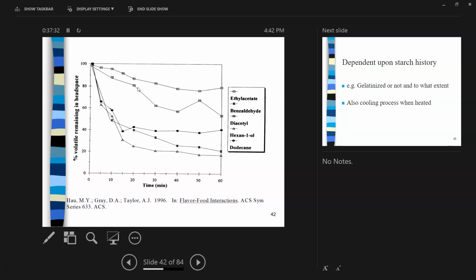Different chemicals were bound to different degrees. So you put a flavor, this complex mixture, into a starch, what's going to happen? Some of them are going to be almost unaffected. Other ones are going to be swallowed up by the starch. And so, again, when you flavor a product, you design a flavoring for a product, you will go ahead and add your flavor.